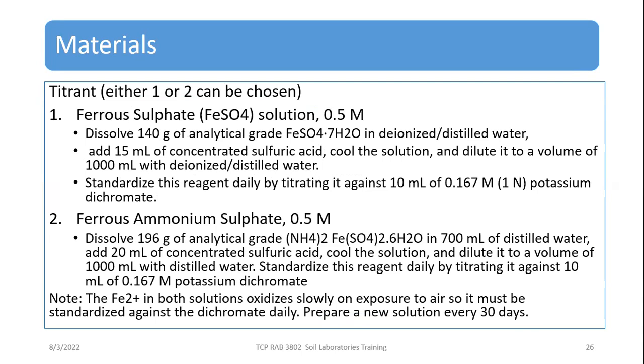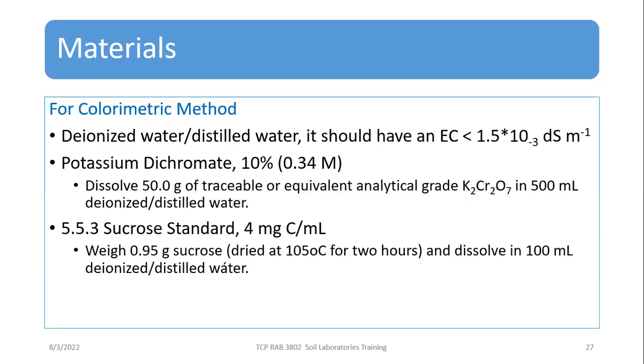It must be noted that in both solutions the ferrous ion oxidizes slowly on exposure to air, so it must be standardized against the dichromate daily. And you have to prepare a new solution every 30 days.